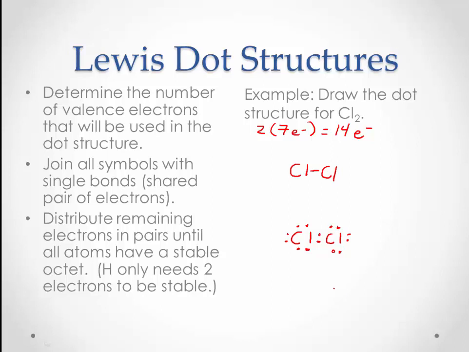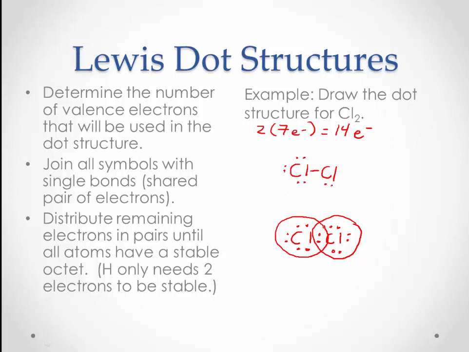Okay, so I've distributed all of the electrons, and you'll notice that we have 8 electrons around this chlorine and 8 around this chlorine. So the way that these obtain a stable octet is by sharing those 2 electrons, so that each chlorine has 8. You can also write it with the line here, and then you would have the dots around the other sides.